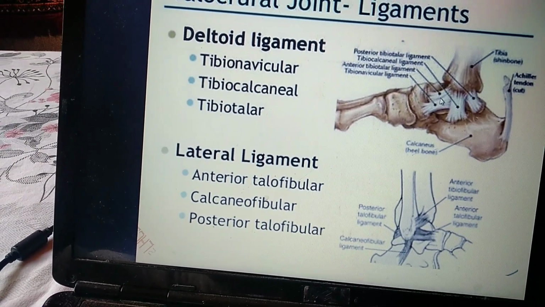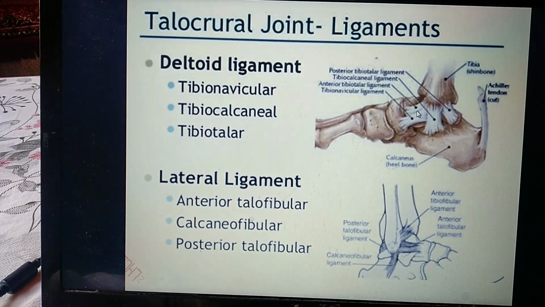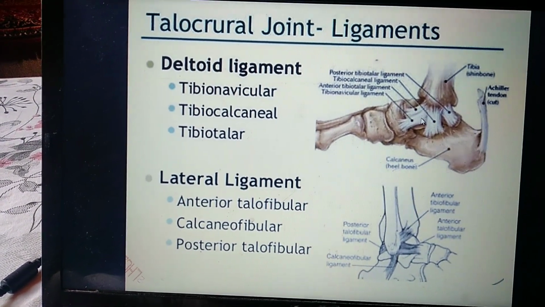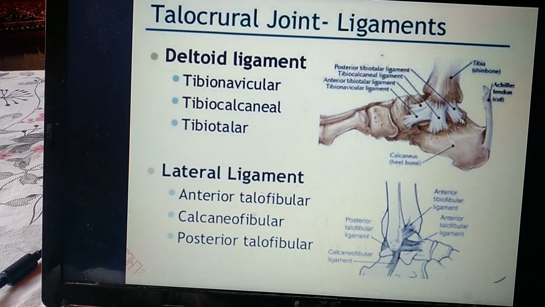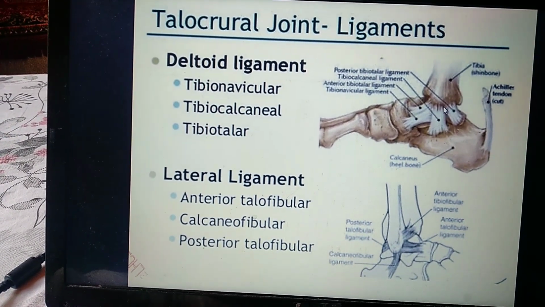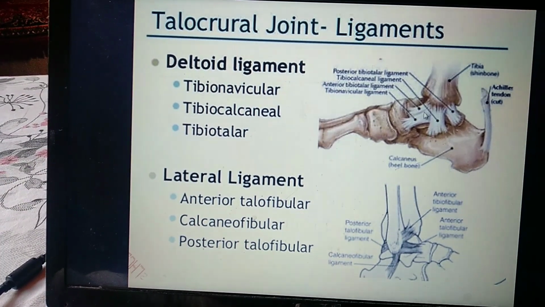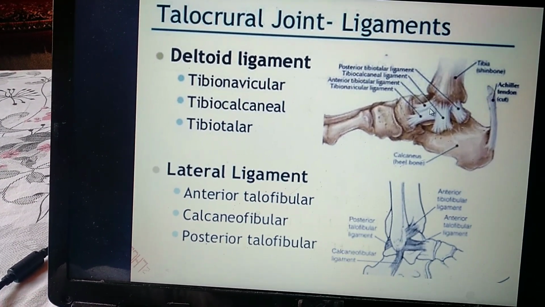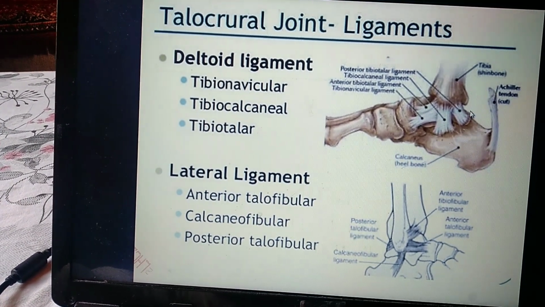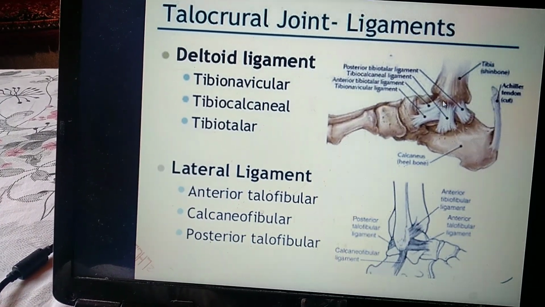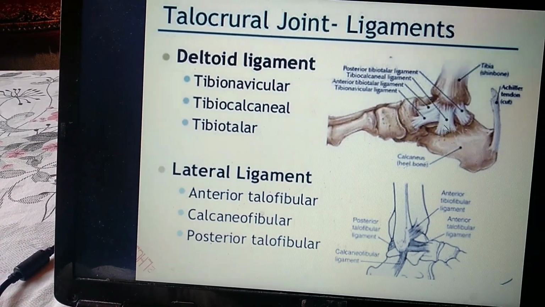If you see the deltoid ligament, it is actually a single ligament, but when you study its various sections, you have to dissect it, and you will find three distinct bands, but they are interconnected with one another. So superficially, it looks like one single fan-shaped structure, very strong.